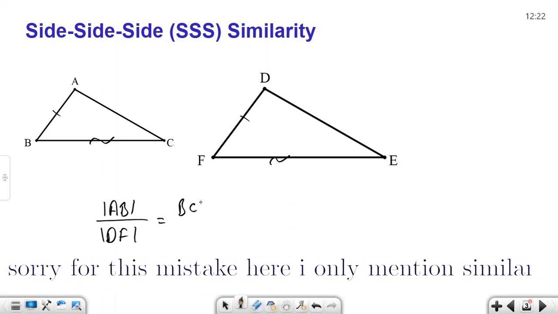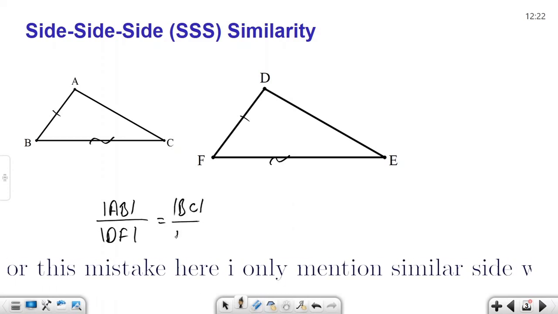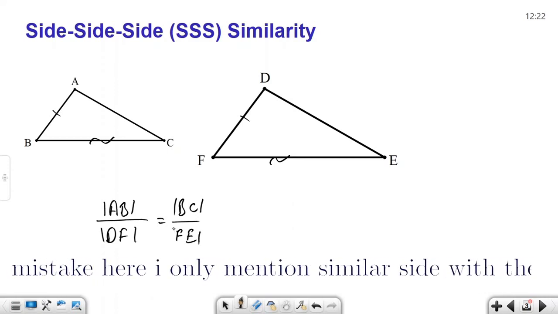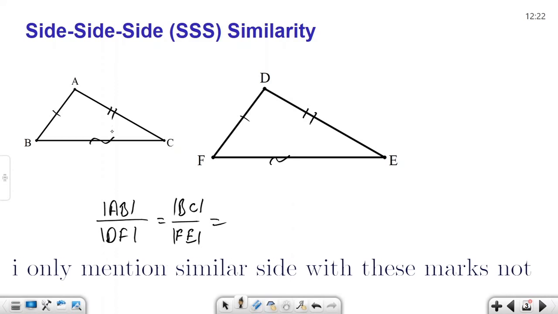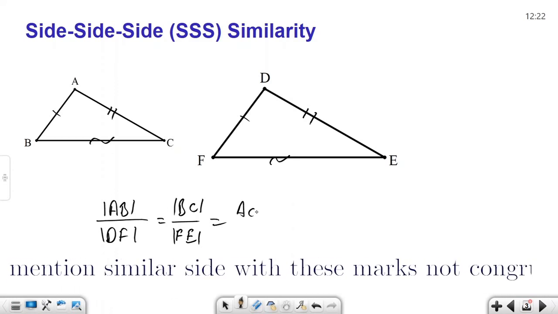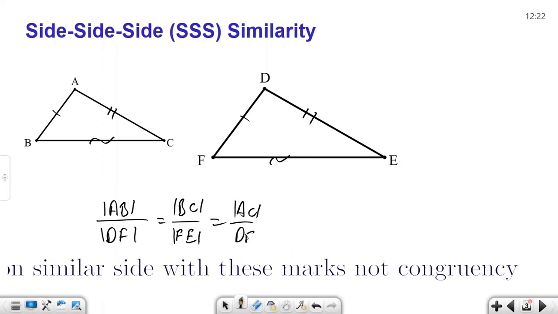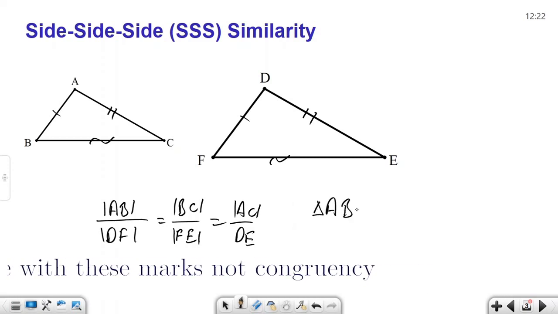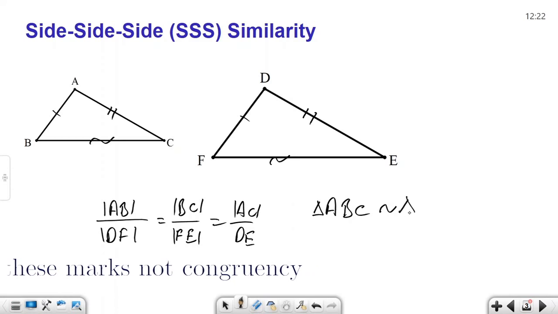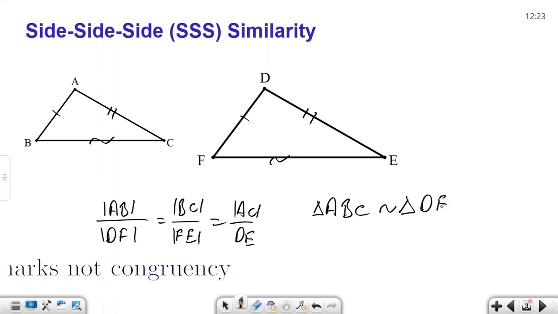The length of BC over the length of FE, and if this one is equal to AC over DE, we can again call triangle ABC similar to triangle DFE.